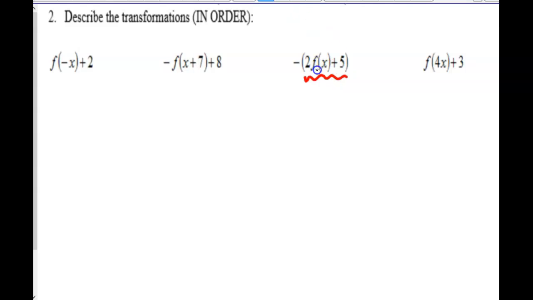If I put a number in for f of x, like 7, it would say this. You would multiply, then add, and then take the opposite, right? So that's what you're doing. What is the multiplication? It's outside of the function, so it's a vertical stretch by 2.